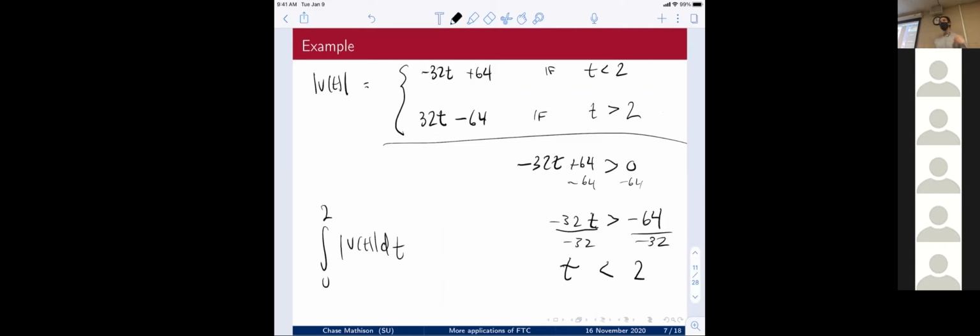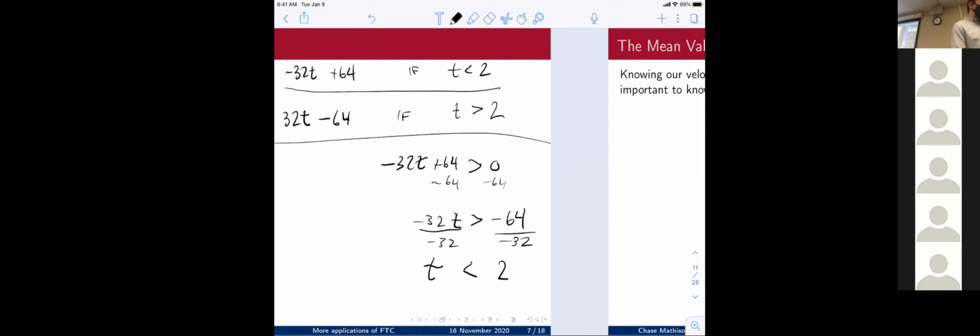So for this particular problem, the displacement between t equals 0 and t equals 2 equals the total distance traveled between t equals 0 and t equals 2, because the absolute value of v of t on that time interval is just v of t.